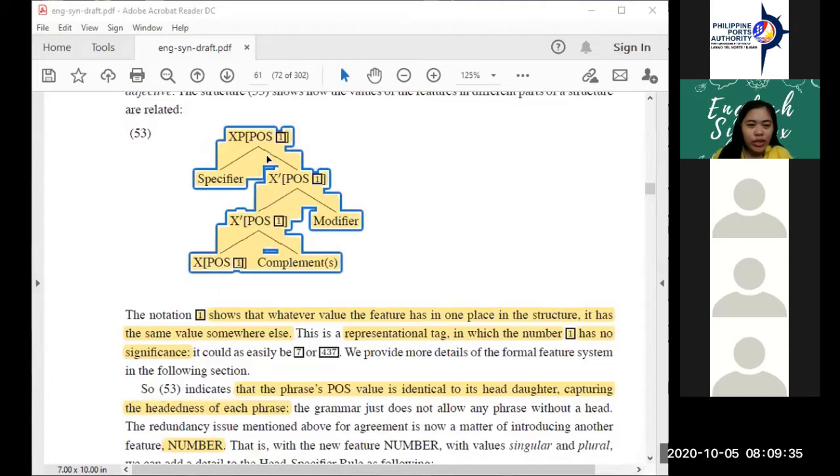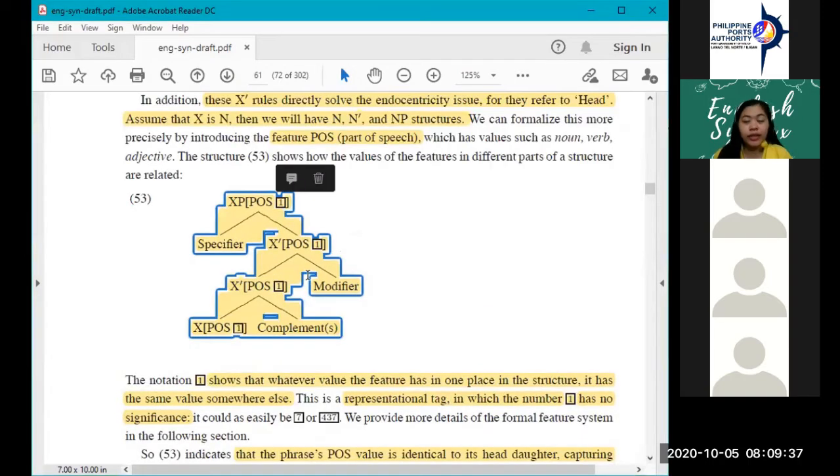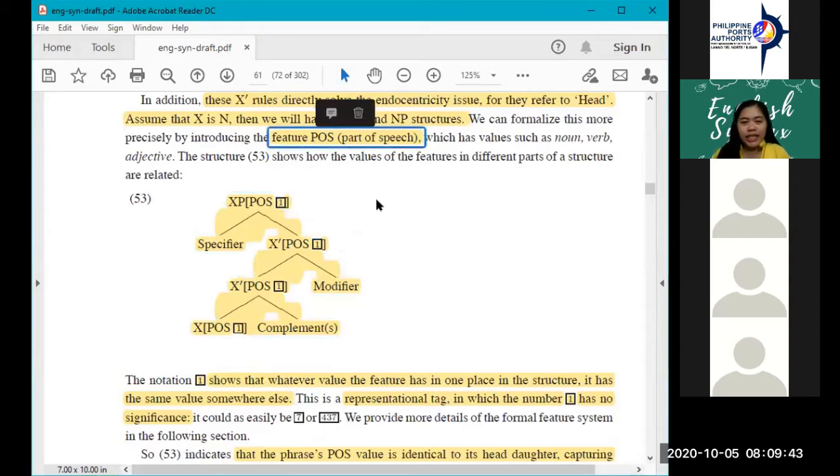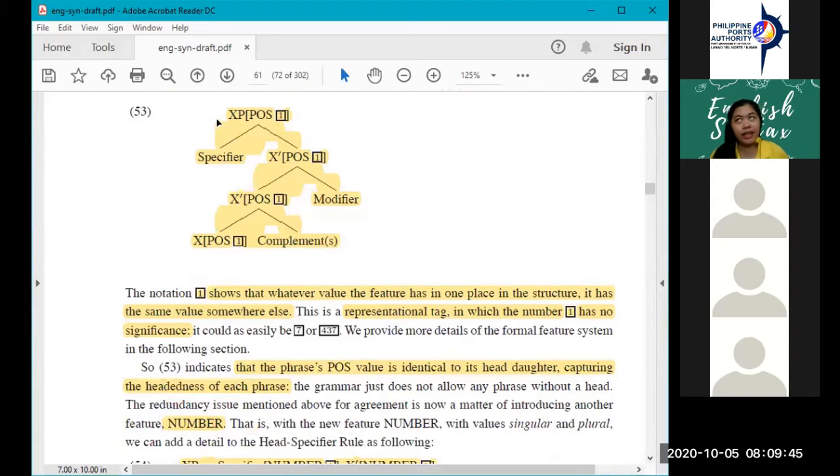Okay, so the notion of... do not get confused, okay. Do not get confused by these numbers and the POS in these feature structures, because they are already discussed in the book. You just have to read and understand them.